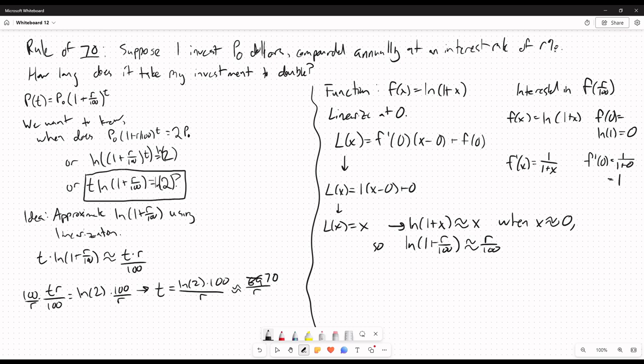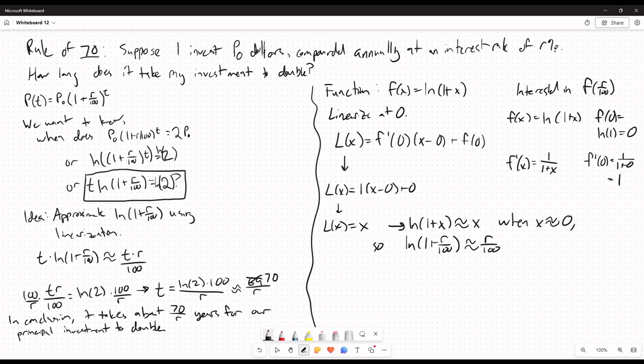And what that tells us, in conclusion, is that it takes about 70 over R years for our principal investment to double.